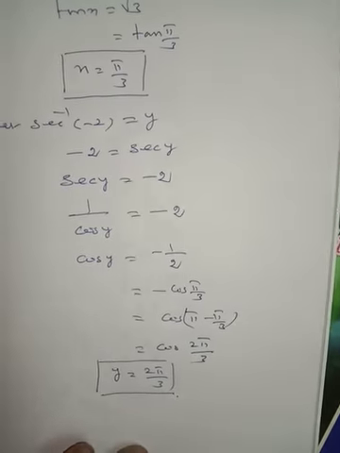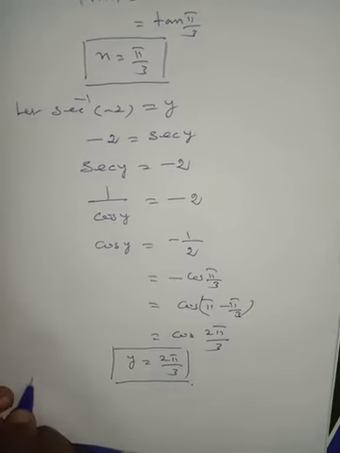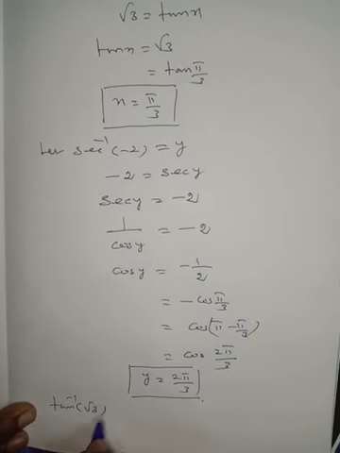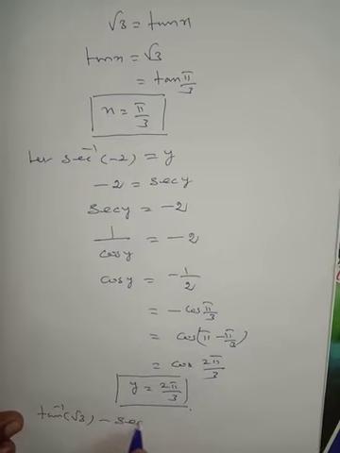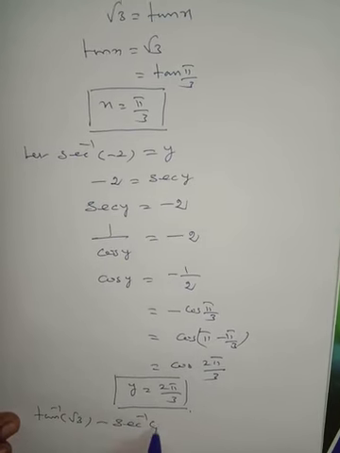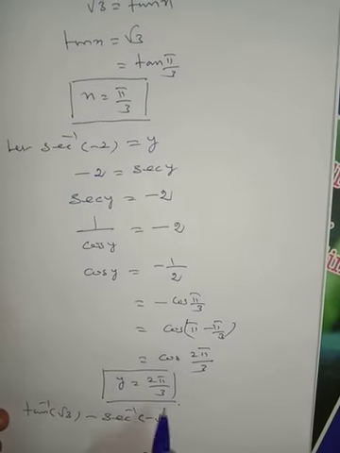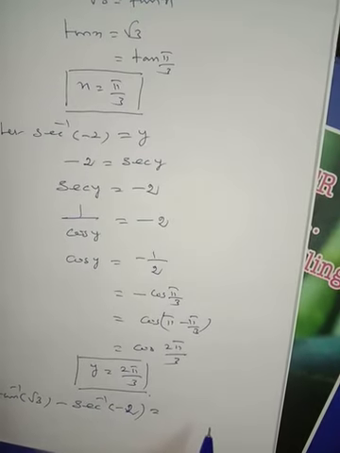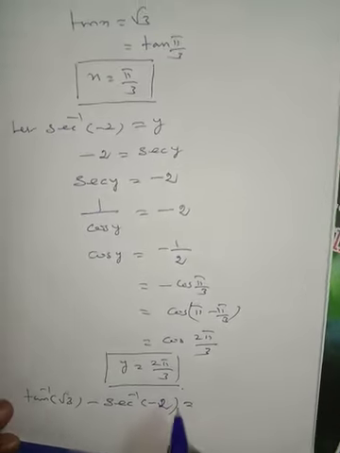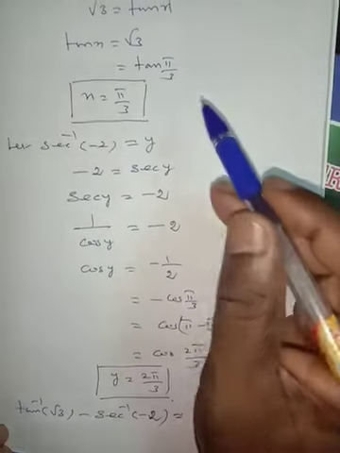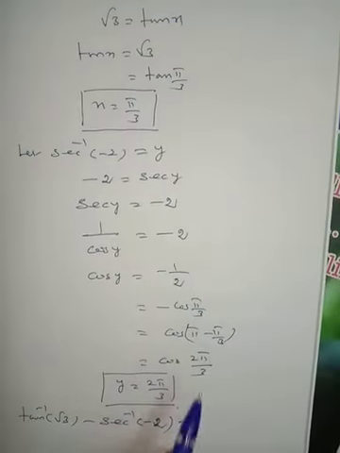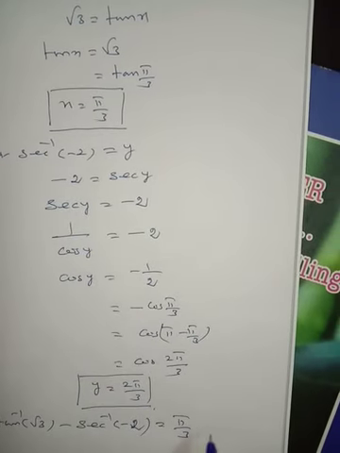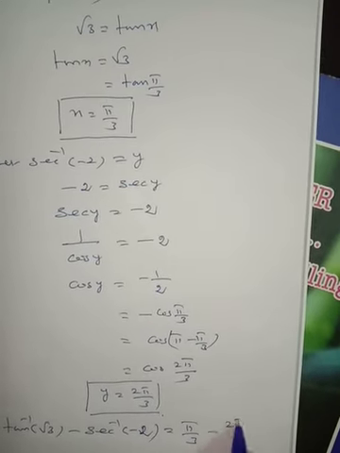Now, tan inverse of root 3 minus secant inverse of minus 2 is equal to pi by 3 minus 2 pi by 3.